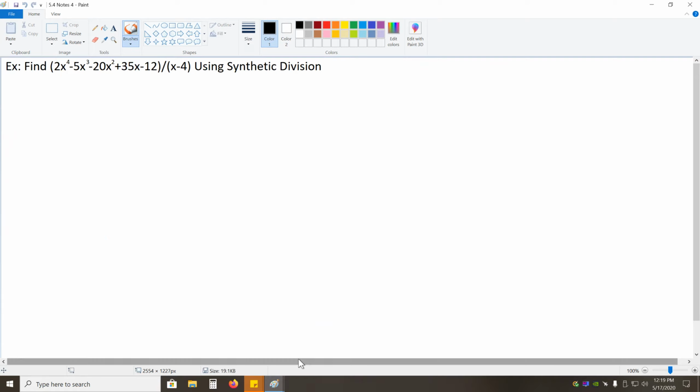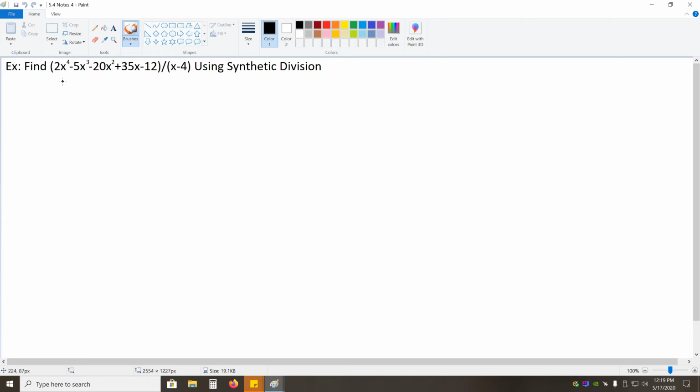Okay, so from here, I want you to take a moment, see if you can try the same thing with 2x to the fourth minus 5x cubed minus 20x squared plus 35x minus 12 over x minus 4. It seems like a very intimidating problem, but just try to follow the same pattern we used in the last example. Pause the video and then we'll try it together.